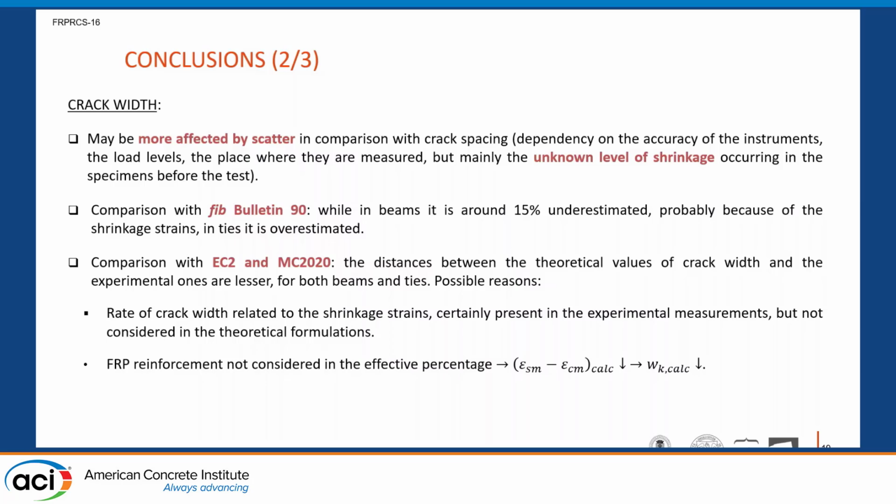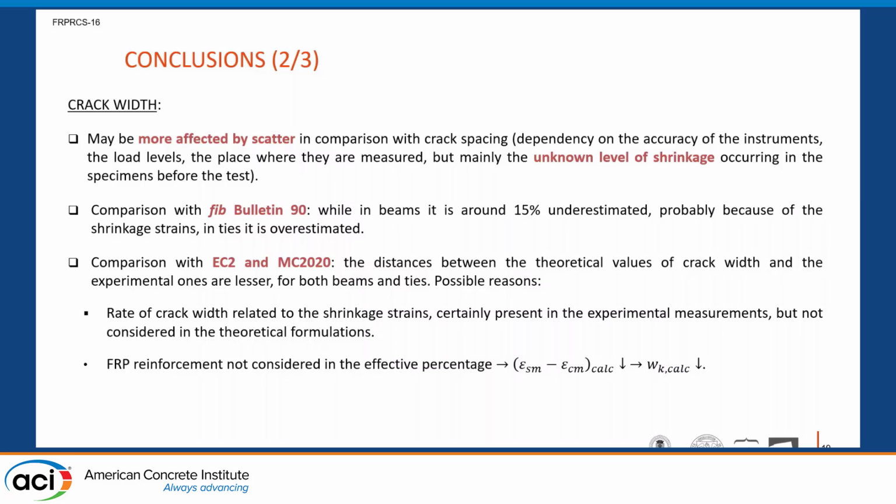Well, maybe the accuracy of the instruments, the load levels, the place where we were measuring the crack width. In some of the cases it was not reported, some of the cover, and some things were not very well explained. But we think that the main issue here is the unknown level of shrinkage that was taking place.